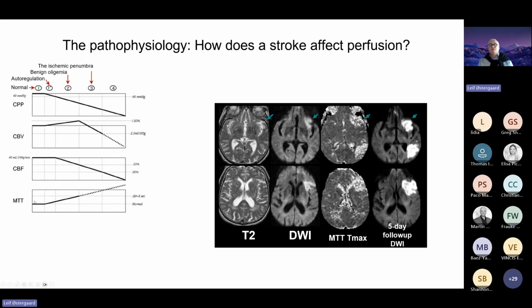And as I told you before, the mean transit time is actually the ratio of these two maps, and that looks like this. So MTT simply goes up uniformly when this perfusion pressure goes down. So that's why MTT is such a good map to look at, also because the maps have not much contrast because of CBF differences between gray and white matter. So it's really easy to look at, as you see here.